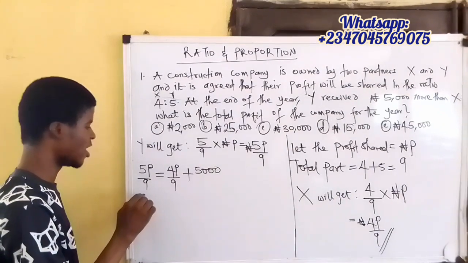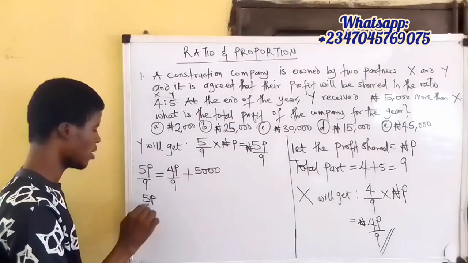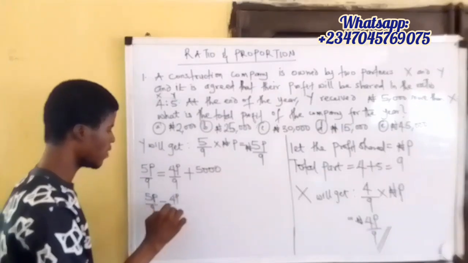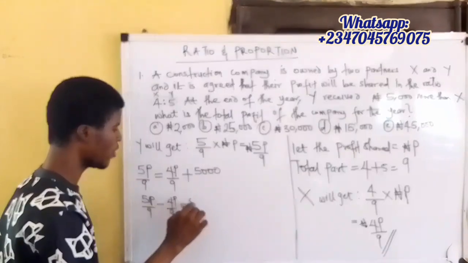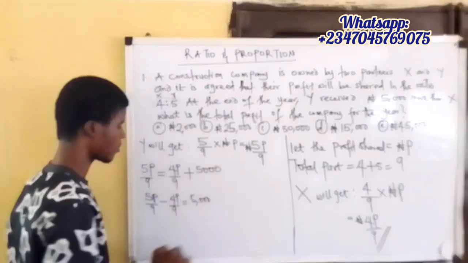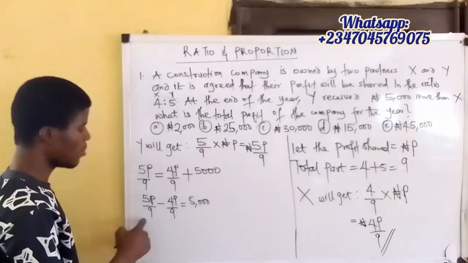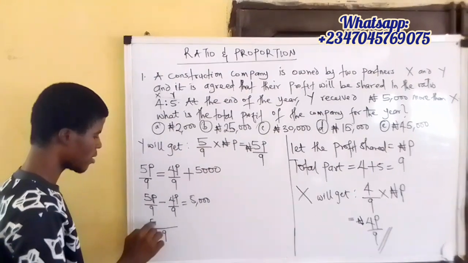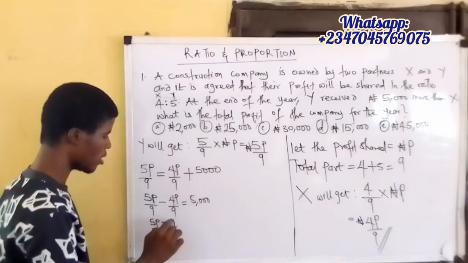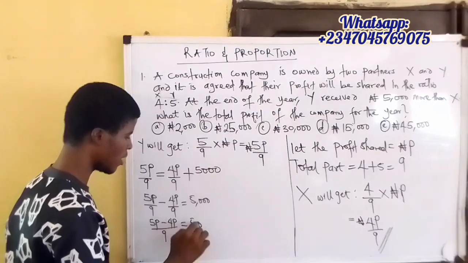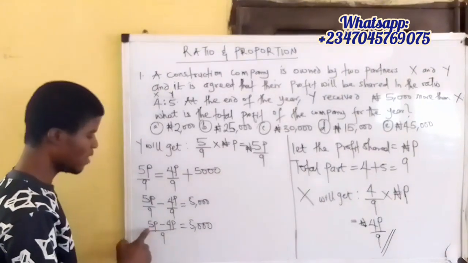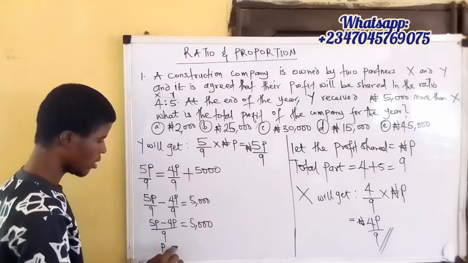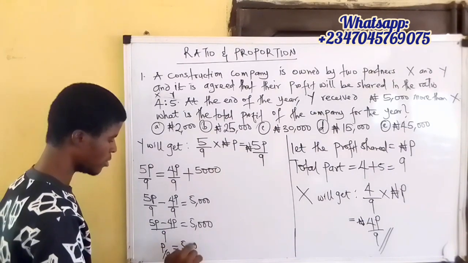If I collect like terms, 5P over 9 minus 4P over 9 is equal to 5,000. Alright, the LCM of this is 9. 5P minus 4P is equal to 5,000. So 5P minus 4P is P, over 9, equals 5,000.